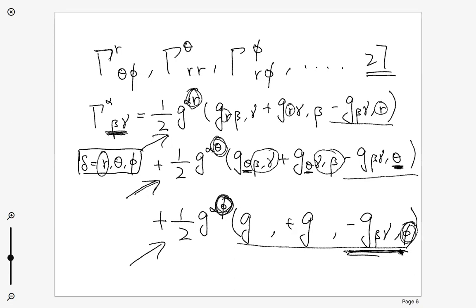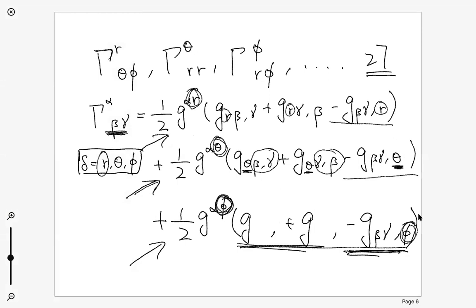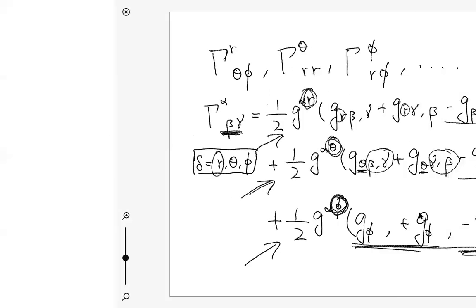What about the rest of the two here? Can anybody quickly tell me the answer? Winky said first place. Okay, I assume you mean that phi, the contracting index, is the first place. Yeah, correct. What about beta and gamma?